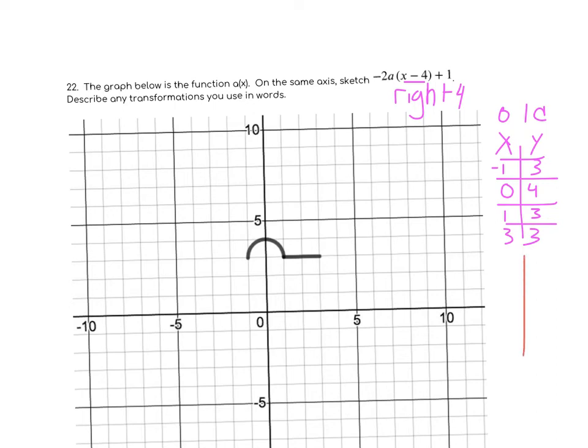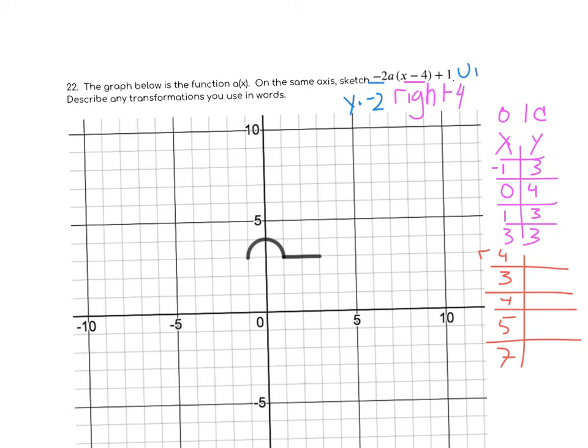So if all of my x values are shifting right 4, I'm going to be at 1, 4, 5, and 3 right 4 is going to be 7. Okay, my y values, I'm going to multiply y times negative 2. That's going to be a vertical flip, as well as a scale factor of 2.